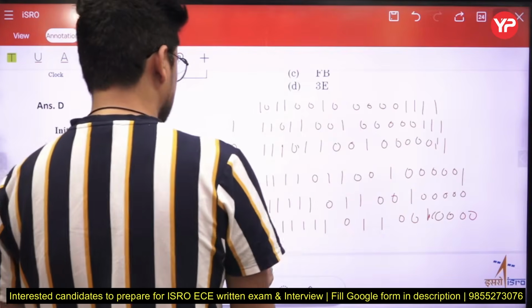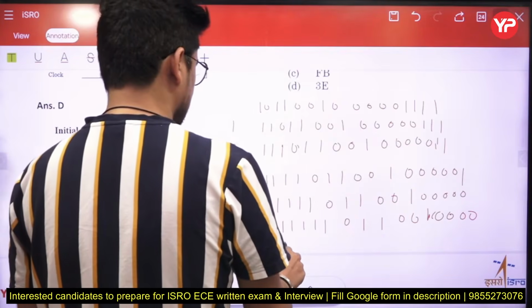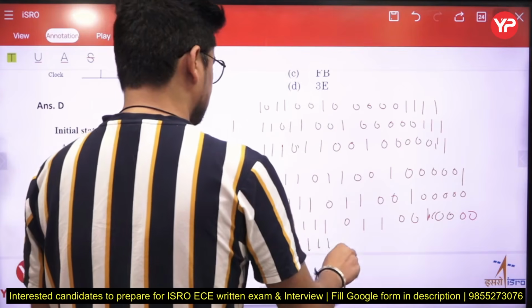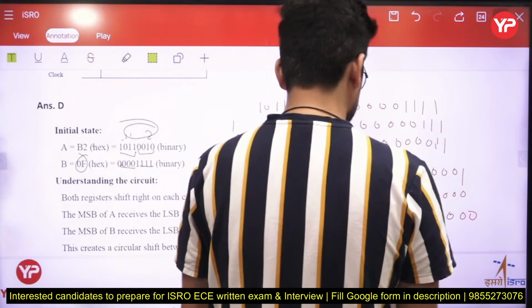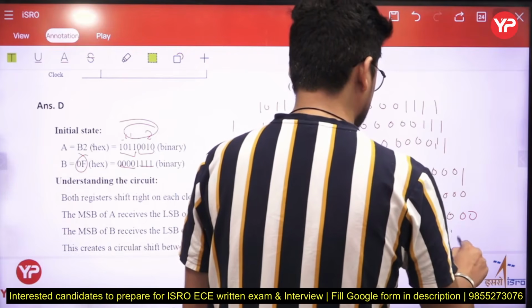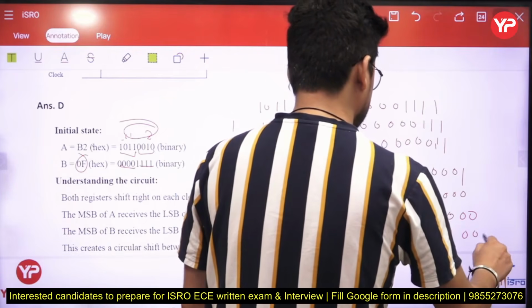Again the last 0 comes in for the sixth clock: 0 0 1 1 1 1 1 0, then 1 1 0 0 1 0 0 0.